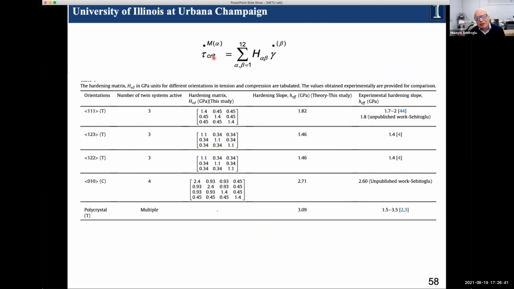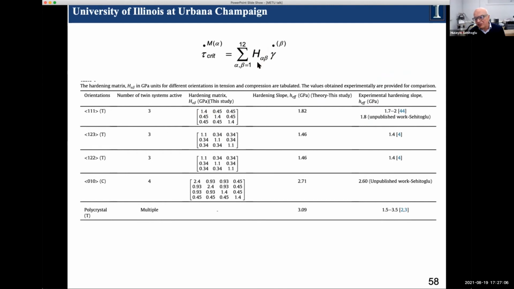If we look at the critical stress that evolves with gamma dot on the slip systems, there are twin systems as well, 12. There are potentially 12 systems, but in reality, there could be only 3 or 4 in these cases. And we are trying to determine this latent hardening matrix here. This is generally assumed.